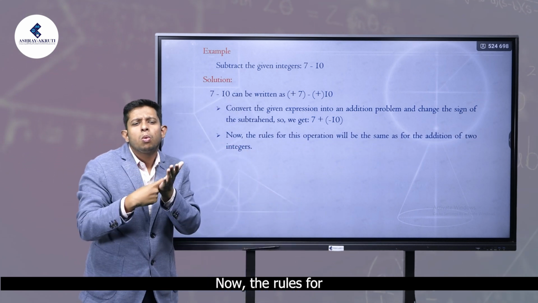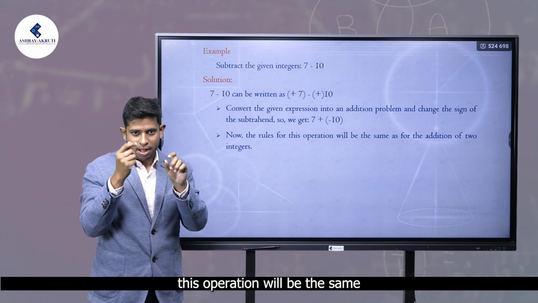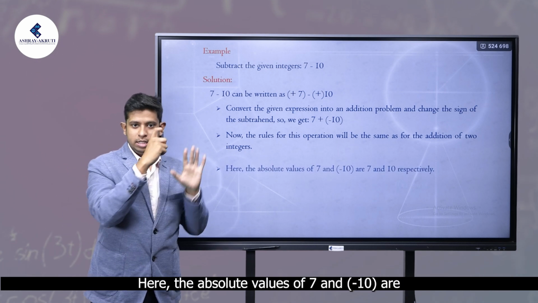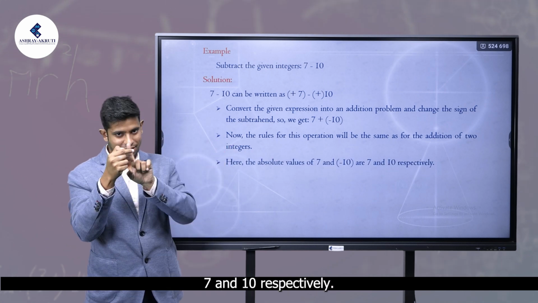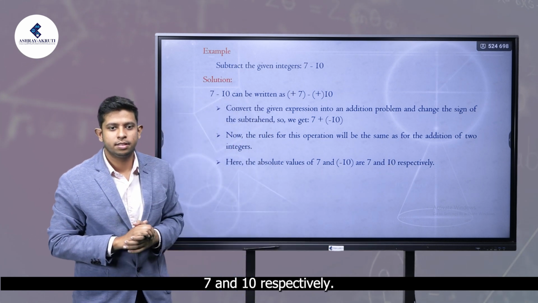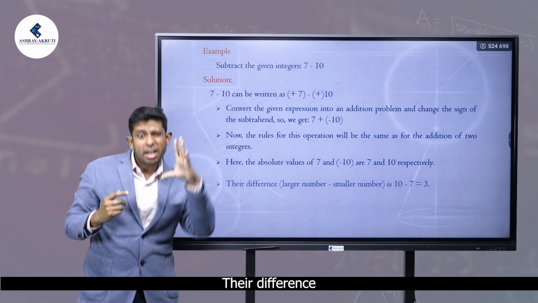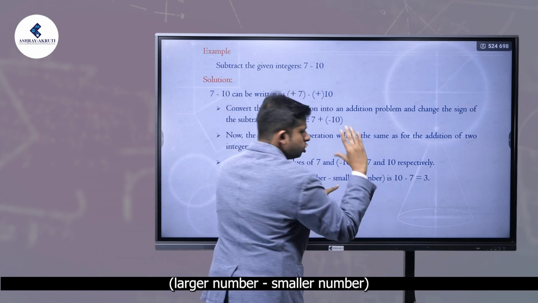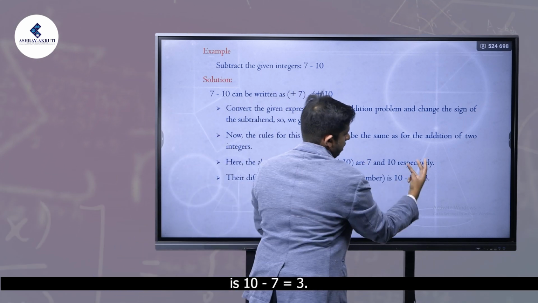Now, the rules for this operation will be the same as for the addition of two integers. Here, the absolute values of 7 and minus 10 are 7 and 10 respectively. Their difference, large number minus smaller number, is 10 minus 7 is equal to 3.